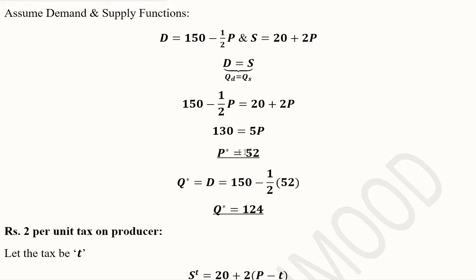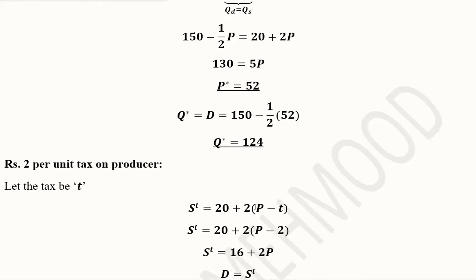The equilibrium price would be 52, and then we can find the equilibrium output by putting this price value either in the demand function or supply function. So here we substituted the value 52 and we solved this simple expression and we found the equilibrium output, which is 124. So the equilibrium price is 52 and equilibrium output is 124.